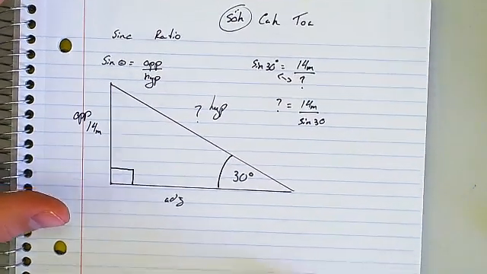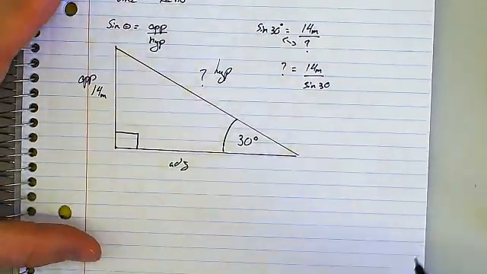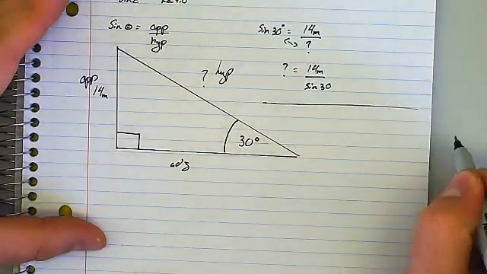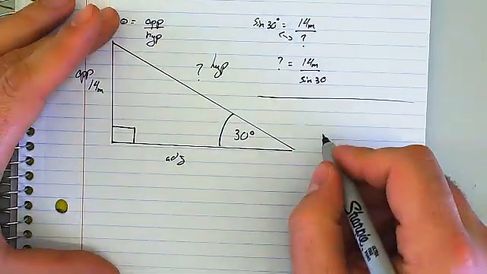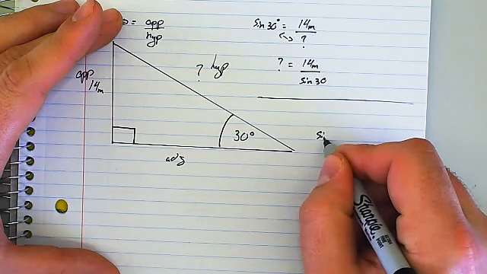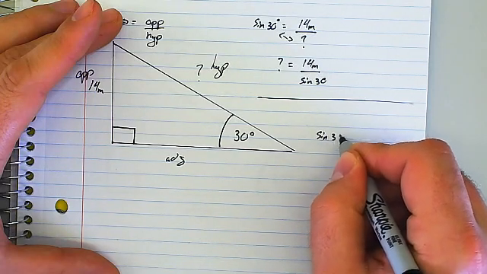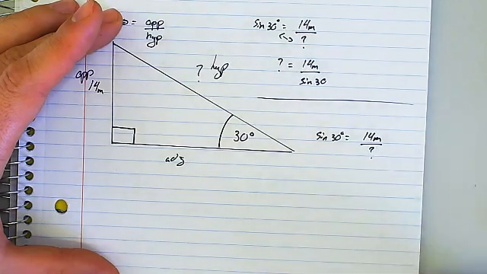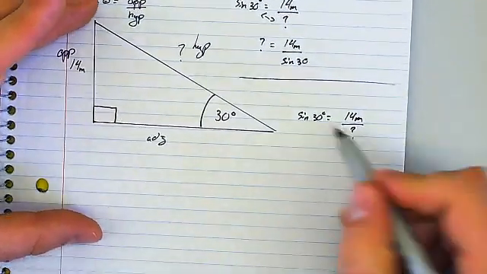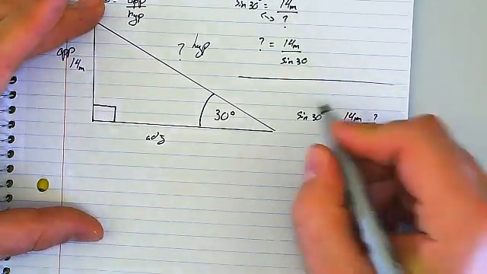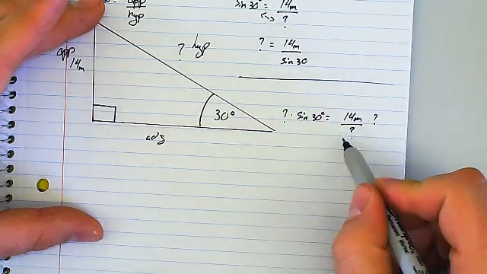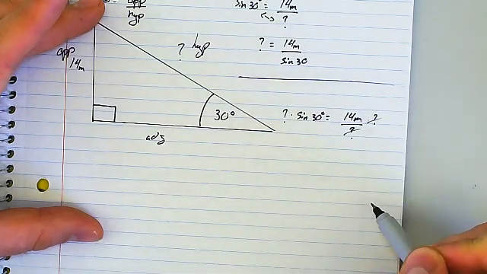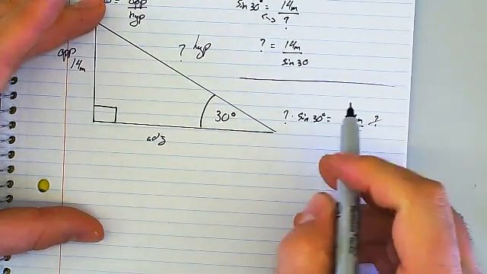Now, I'd really only recommend doing that if you're good at math. If you struggle with math, there's nothing wrong with doing it the slow, methodical way. So again, if we start over, sine of 30 equals our 14 meters divided by our unknown. What you're going to do is multiply both sides by your unknown, because the end goal is to try and get it by itself.